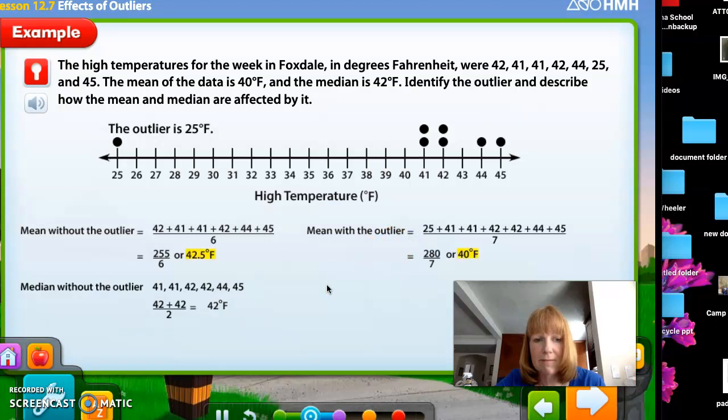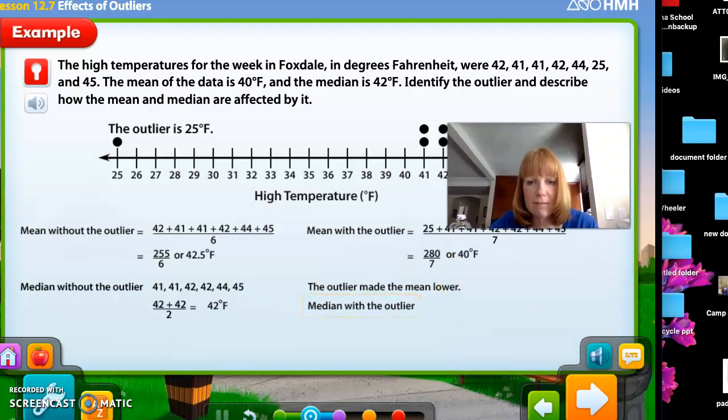Compare the mean with the outlier to the mean without the outlier. 40 degrees Fahrenheit is less than 42 5/10 degrees Fahrenheit, so the outlier made the mean lower. Now let's find the median with the outlier. The median with the outlier is 42 degrees Fahrenheit. Compare the median with the outlier to the median without the outlier. 42 degrees Fahrenheit equals 42 degrees Fahrenheit, so the outlier did not affect the median.